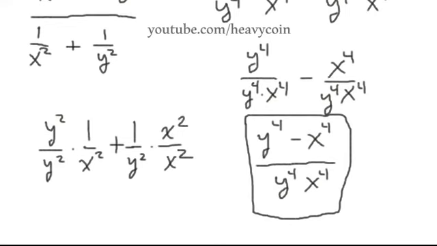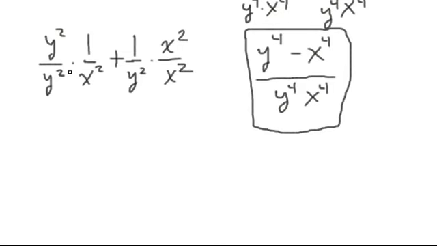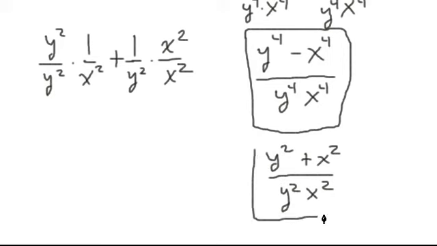I know that looks like a mess, but we're going to get it worked out here. So this is y squared times 1, and I think I'll just write it over here. So this will become y squared plus x squared over that common denominator, y squared x squared. Right? So this was in the numerator, this was in the denominator here.